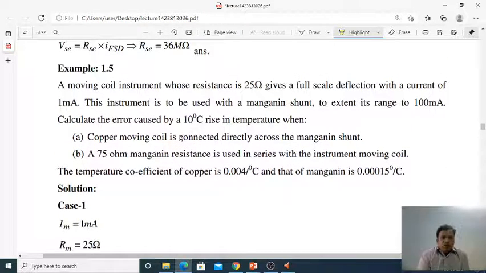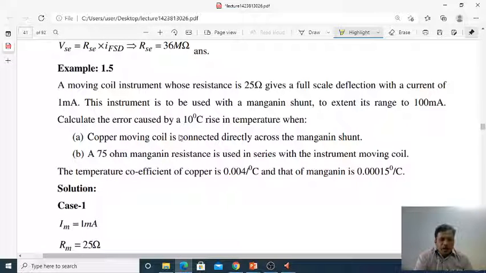One more example on the moving coil instrument: a moving coil instrument whose resistance is 25 ohms gives a full scale deflection with a current of 1 milliampere, and this instrument is to be used with a manganese shunt to extend its range to 100 milliamperes. Calculate the error caused by a 10 degrees centigrade rise in temperature when the copper moving coil is connected directly across the manganese shunt.